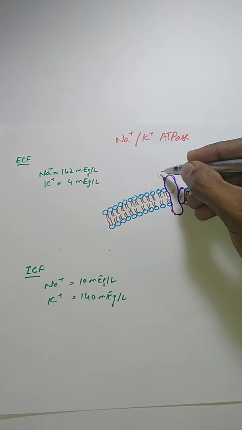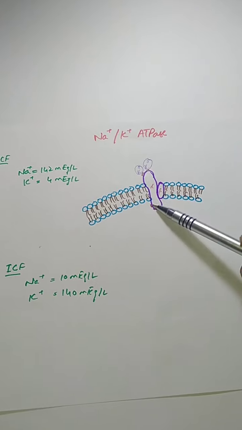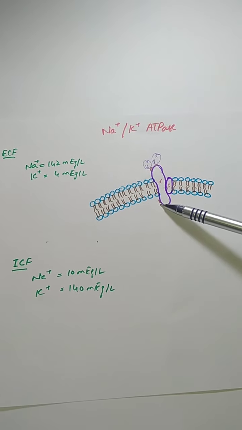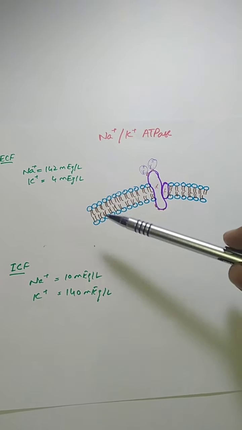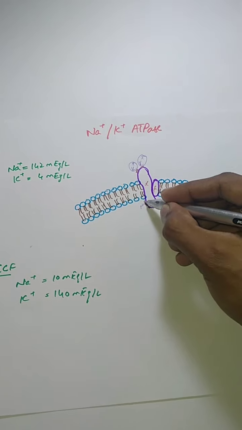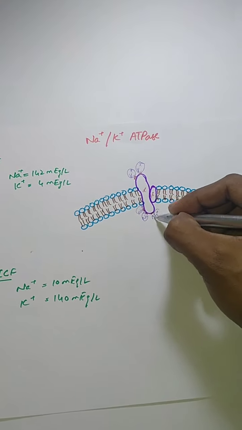Here those potassium ions are gonna bind. On the intracellular domain of the alpha subunit, there are three binding sites for sodium ions. These sodium ions are gonna bind here.